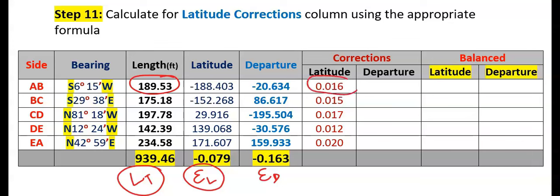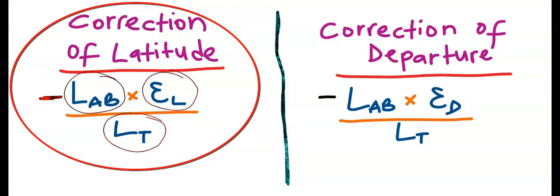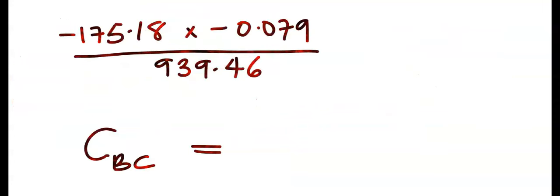Now you have known how this was obtained. Let's try for the correction of B. Try for BC using this length, the total length, and the total error. Still on the correction of latitude, this negative is always permanent. The negative is with the formula. If you do this correctly, you should have 0.015.